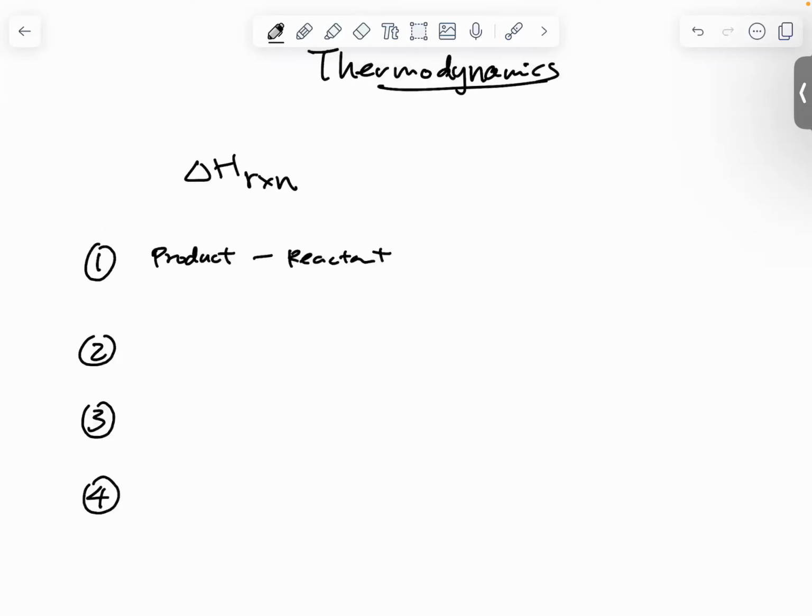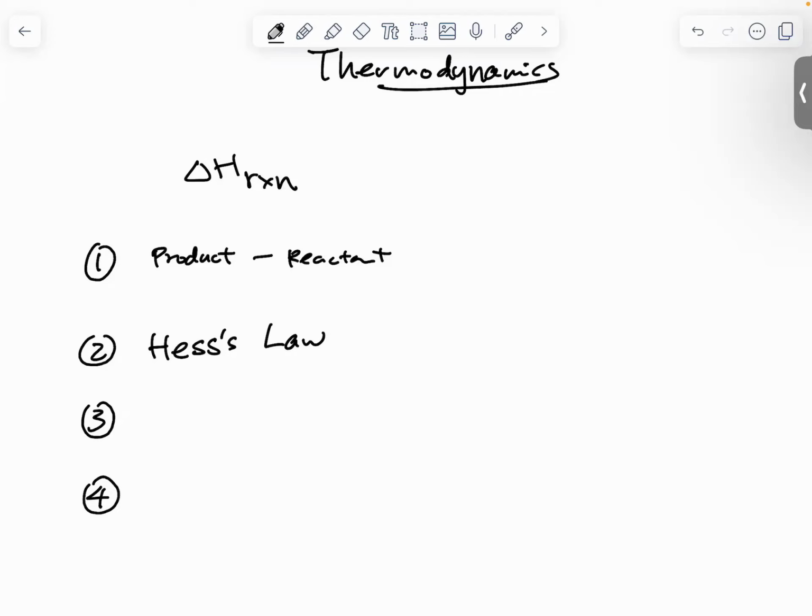Do you remember what are the other ones? There's a law. It has this law. The one with a bunch of equations that you have to flip or multiply some numbers.